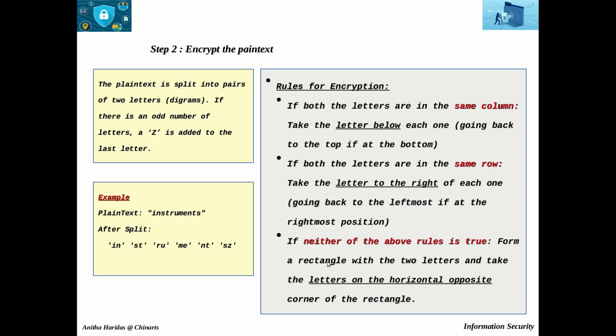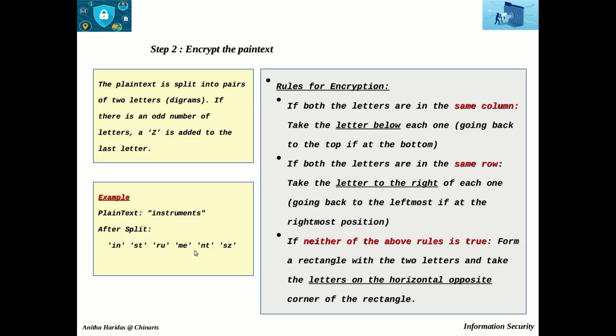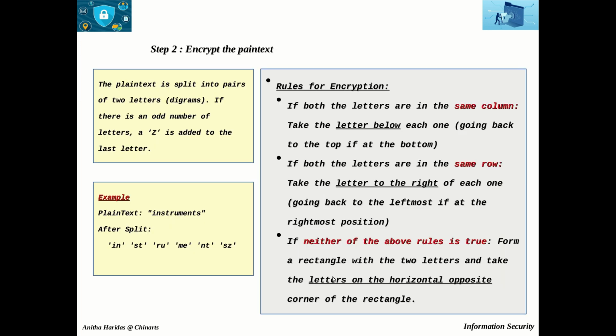Now the third rule says if neither of the above rules are true, then we have to form a rectangle with two letters, right? Let us take an example of N and T. So in the plain text we have NT. Now N and T, we form a rectangle here, and we take the letters on the horizontal opposite.